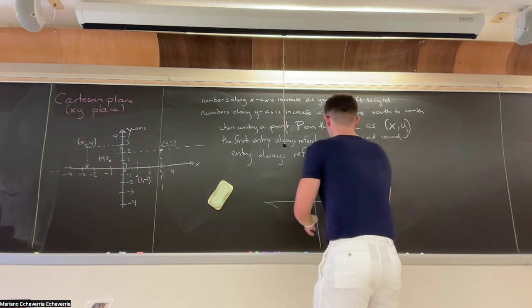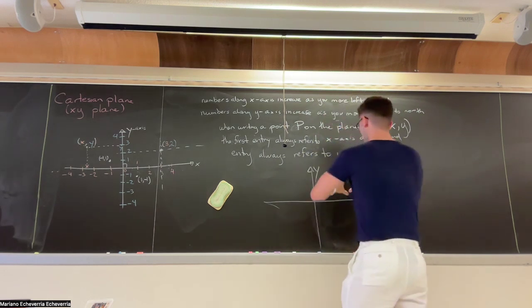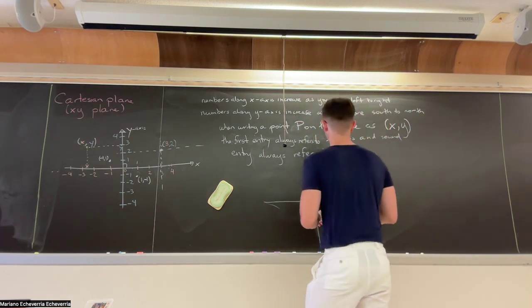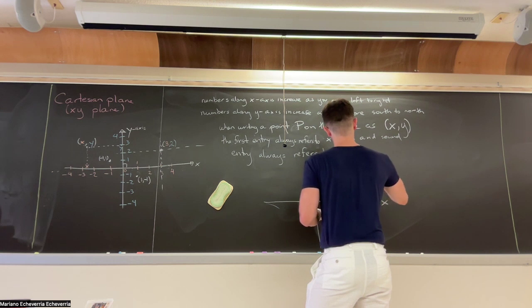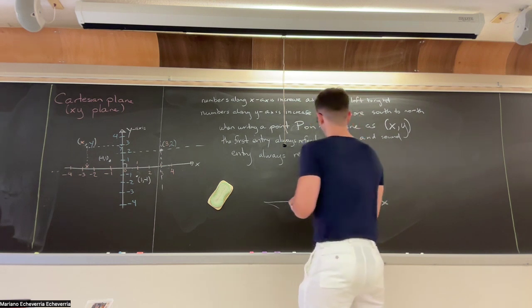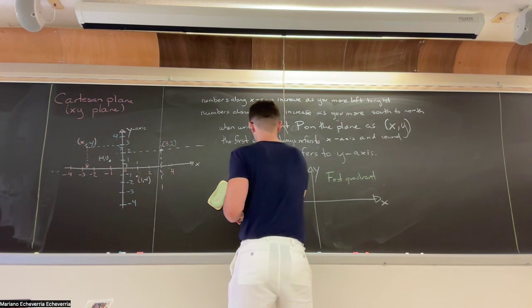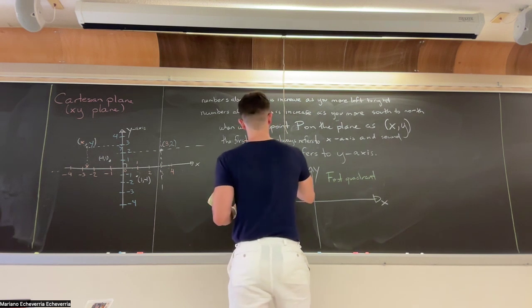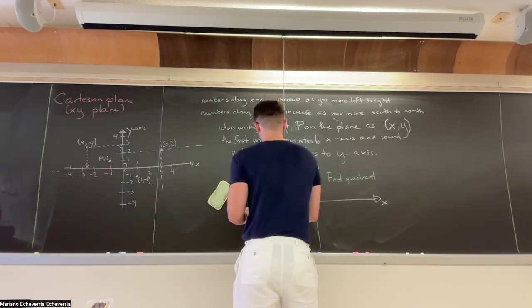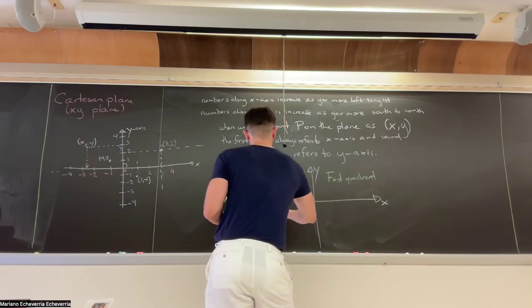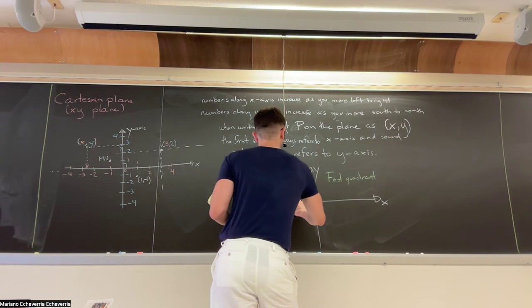The four pieces into which the plane is broken down are called the first quadrant, the second quadrant, the third quadrant, and the fourth quadrant.